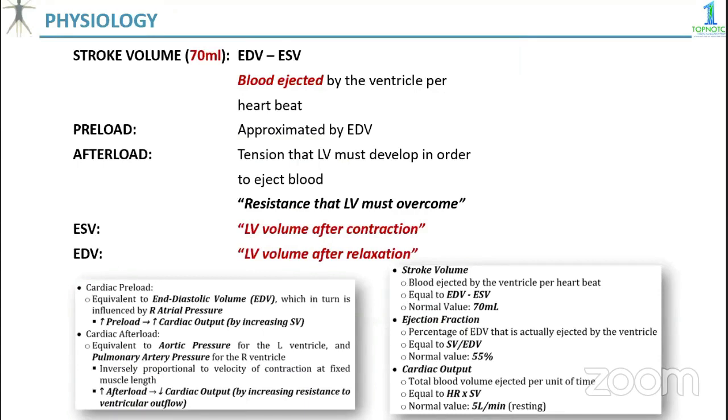So another part of the hemodynamics, we have this part. Your stroke volume is around 70 ml. So mind you guys, in physiology, if merong mga normal values, tapos yung mga normal values na yon possible mong ma-substitute to a formula, tandaan nyo yun. Okay?